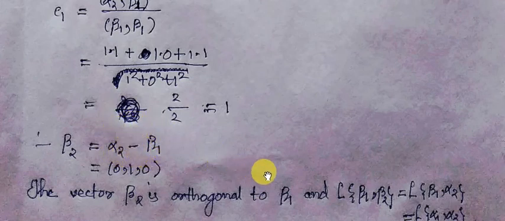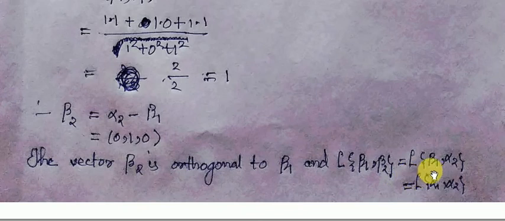So if we consider the linear span of beta 1 and beta 2 vector, this would be equal to the linear span of alpha 1 and alpha 2 vector. Beta 1 equal to alpha 1 vector, and beta 2 we have constructed as alpha 2 minus C1 beta 1, after substitution of the value of C1, and obviously this is the linear combination of alpha 2 and beta 1 vector.